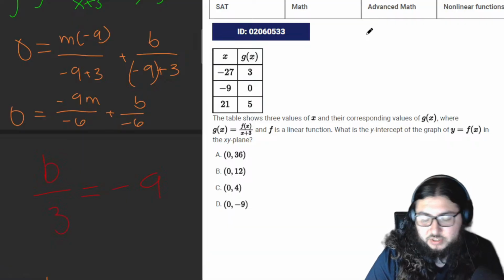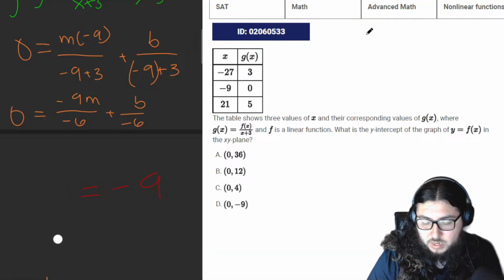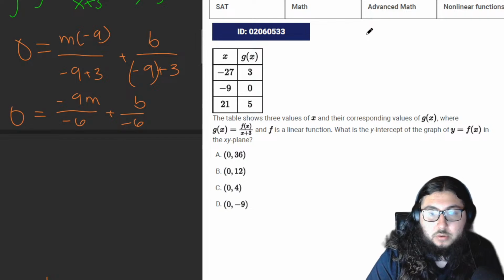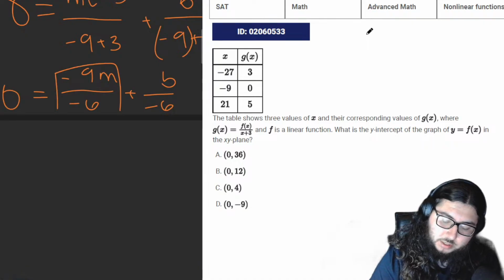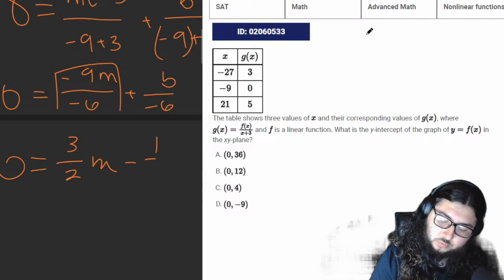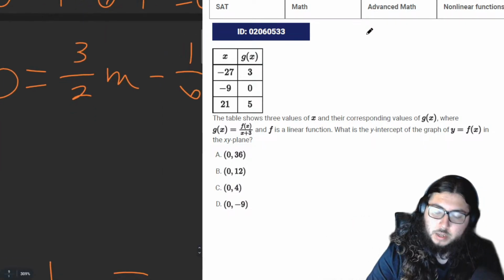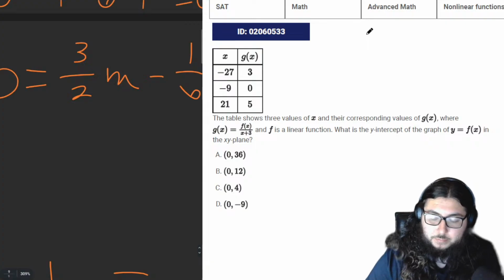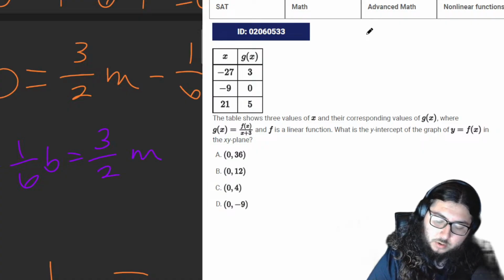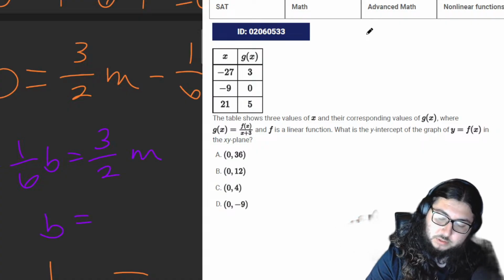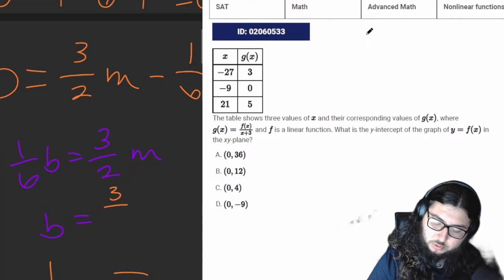And then we can establish a relationship between b and m. So we do, at the end, need a system of linear equations. So first of all, simplifying this part, we get that 0 is equal to 3 over 2 m minus 1 over 6 b. So then 1 over 6 b is equal to 3 over 2 m, or b is equal to 3 over 2 divided by 1 over 6 times m.